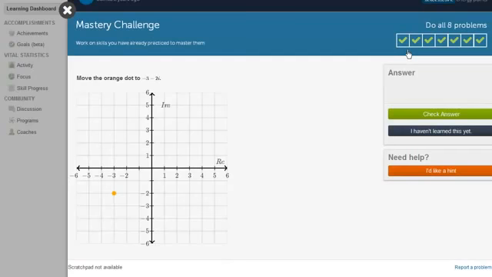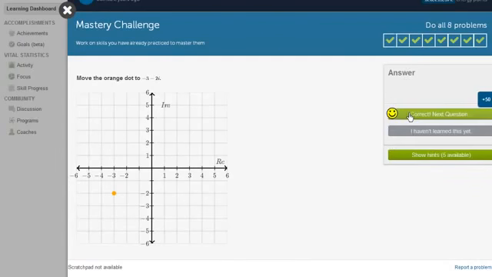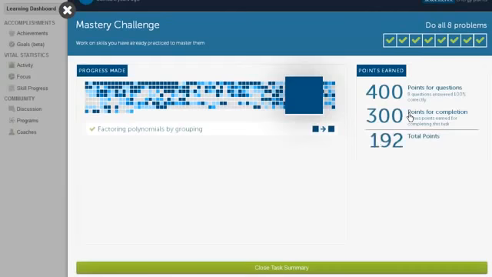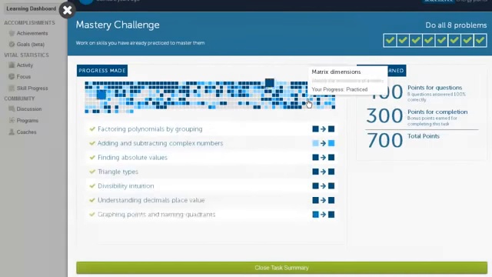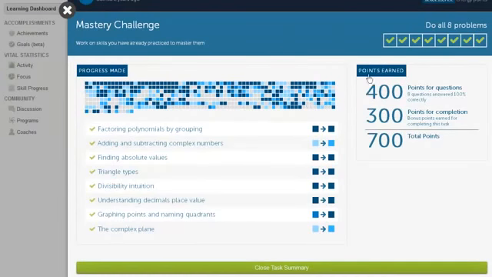And now I'm completing my mastery challenge, and I'm going to get essentially a report for what did I achieve by completing this mastery challenge. And it's showing us the things that have gotten darker based on the fact that these are things that I had practiced in the past, but in this last 8 problems, I showed that I still remembered them, and I could do it in a situation where I'm getting a whole mix of problems.